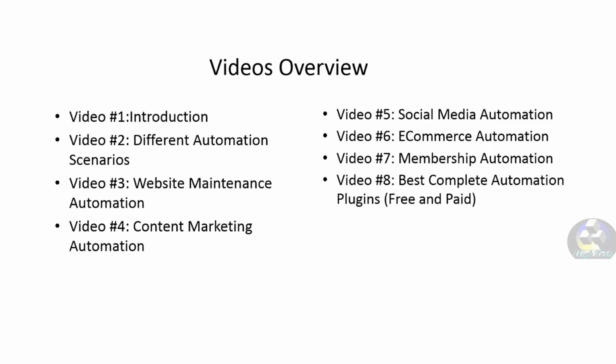In video number 3, we'll talk about website maintenance automation. What this includes are things like updating themes, updating plugins, doing backups, just the things that you can automate, but if you were not to automate it, it would take up a lot of time. Video number 4, we'll talk about content marketing automation.